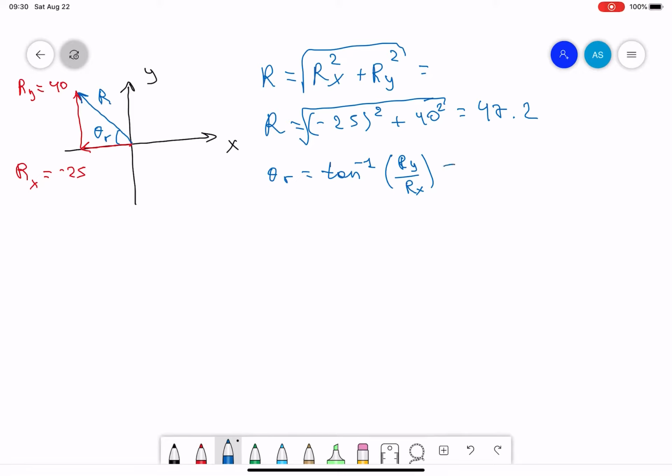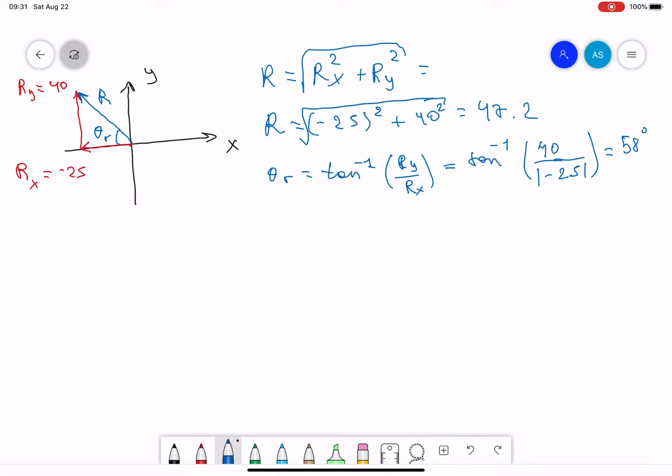Let's plug in the numbers: inverse tangent of 40 units divided by minus 25. Here we can just take the modulus of this, because we are looking only for the positive number, 25. If you do the calculation, your reference angle theta r has to be equal to 58 degrees.